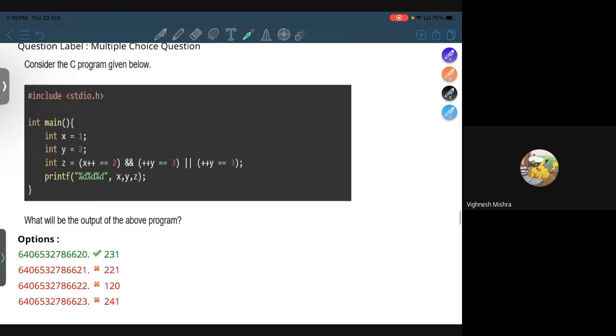Let's go. What will be the output of this program? So x is 1, y is 2, z equal to x++, which is 1, double equal to 2. y will become 2 now. So this condition will become false. So I think it will reject this whole thing.